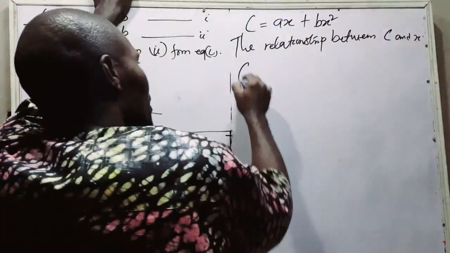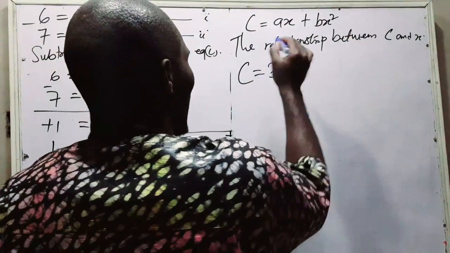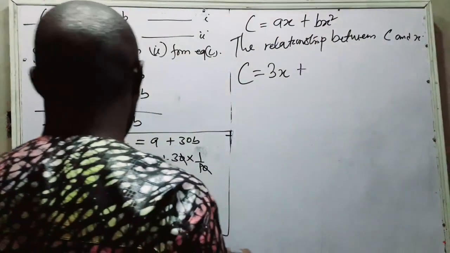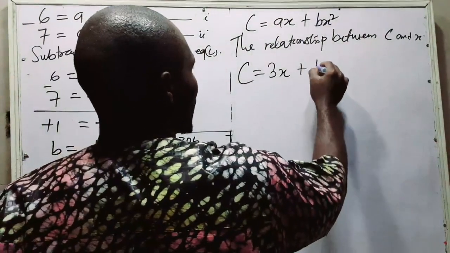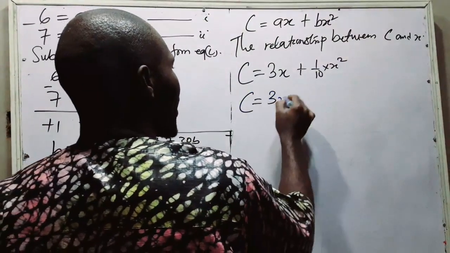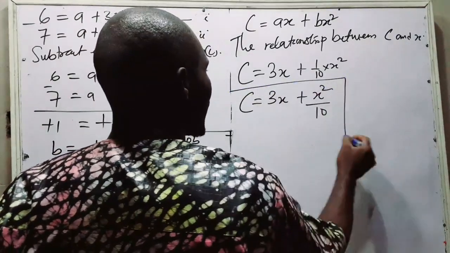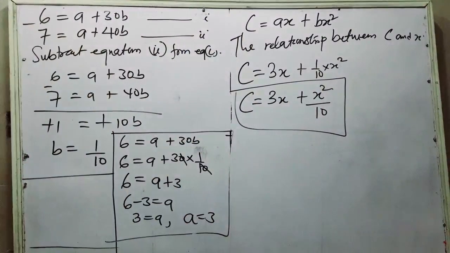C is equal to, what is a? a is 3, so we have 3x plus, what is b? 1 over 10, that is 1 over 10 times x squared. So we have C is equal to 3x plus x squared over 10. This is the relationship between them.